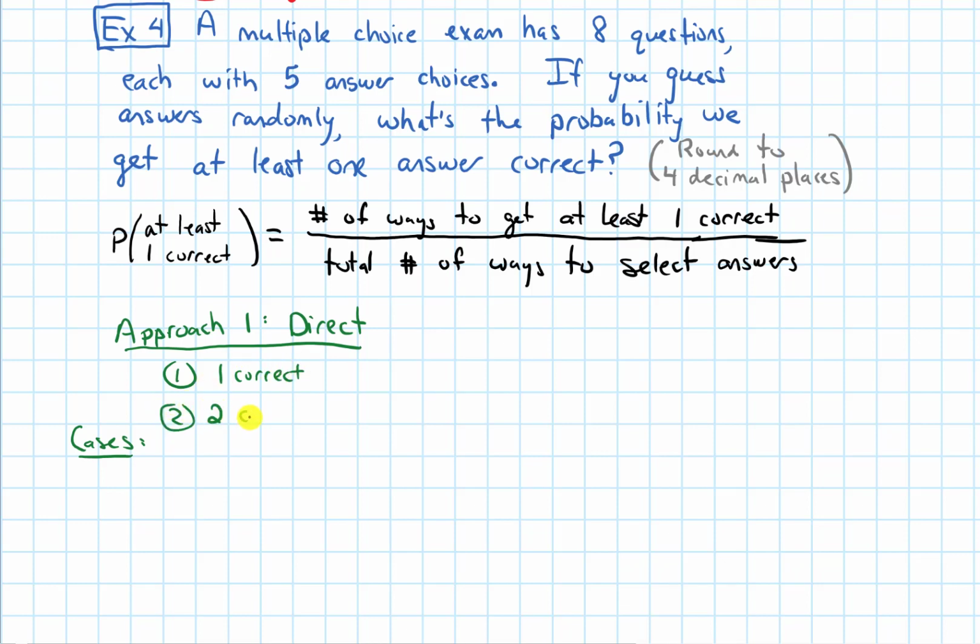So that would be my second case. And we could keep going like that, 3 correct, 4 correct. There's 8 total questions, so the last case would be if I have all 8 correct. And that would be my 8th case.